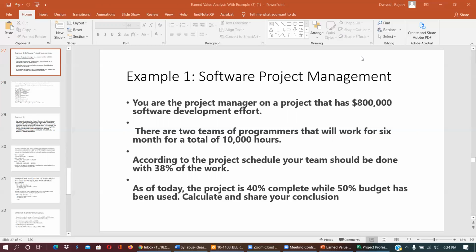And the final exam is as per our syllabus. We are going to cover all eight modules in this final exam.